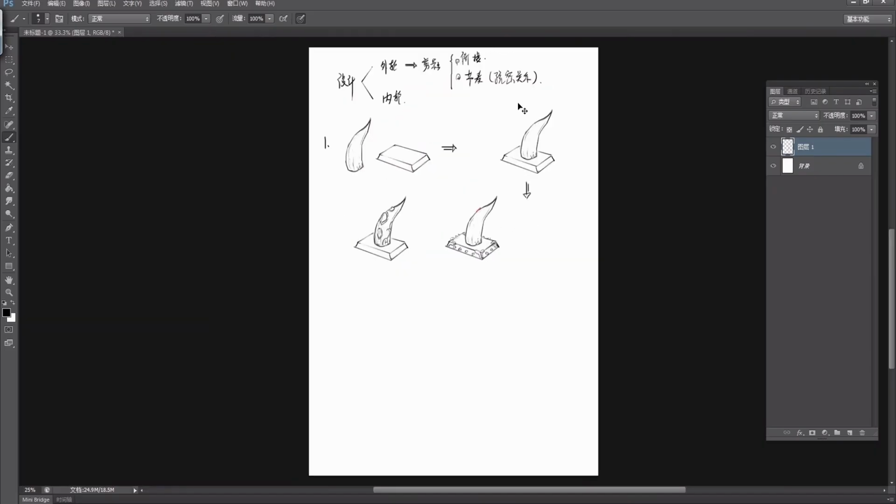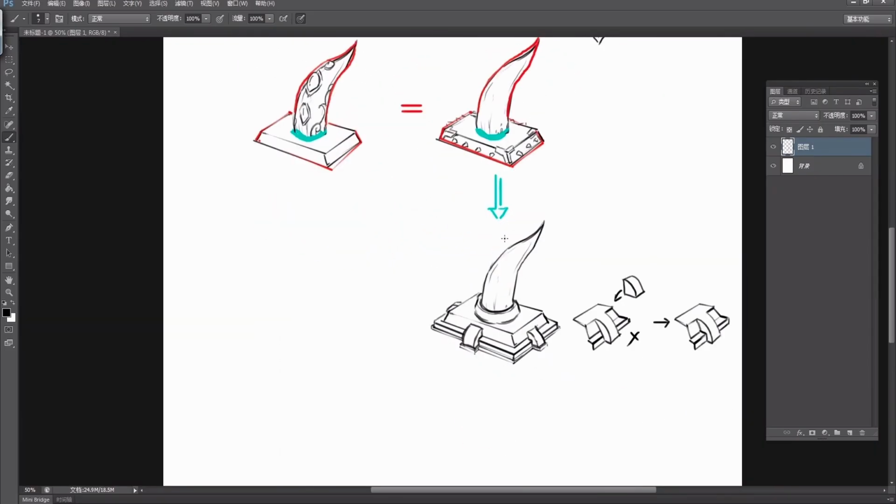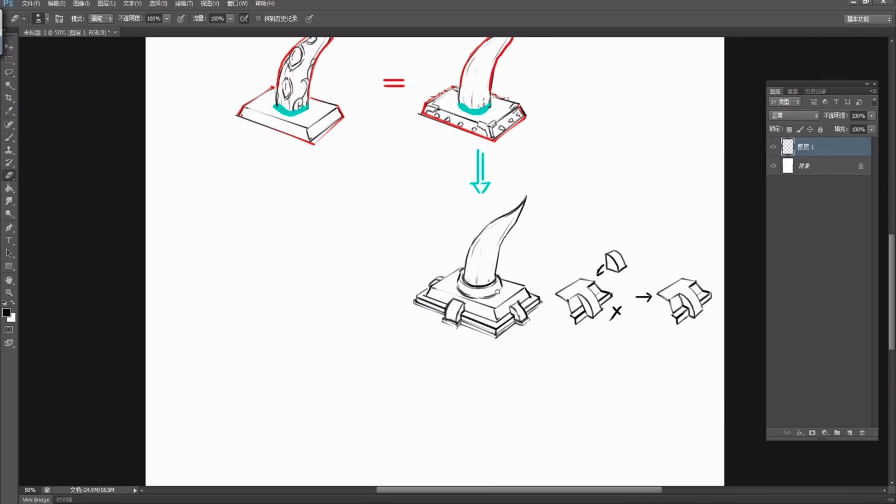So it becomes a design. To design is to change its silhouette by changing its convergence. I will do more design here.